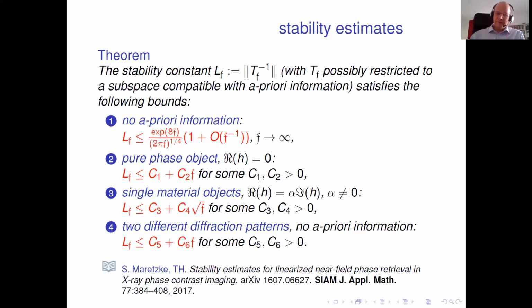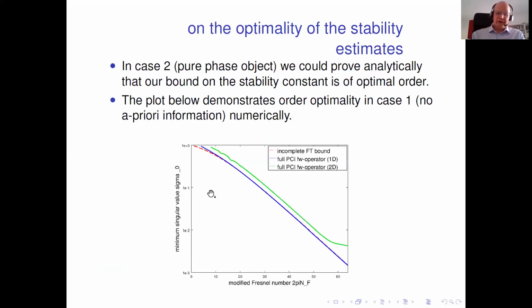If we have the situation that we record two diffraction patterns, and actually that's the standard imaging modality used, that you record many diffraction patterns at different distances, then we also have just a linear increase in Fresnel number. And yeah, we also checked how accurate our upper bounds on stability are, and we found quite good agreement of our analytical bounds with numerical bounds.